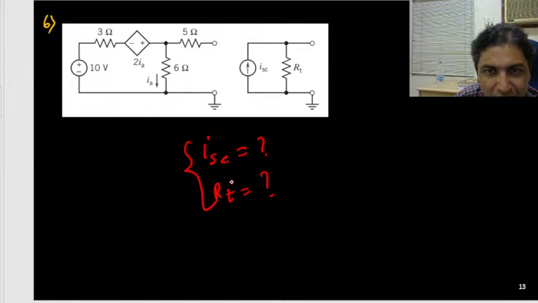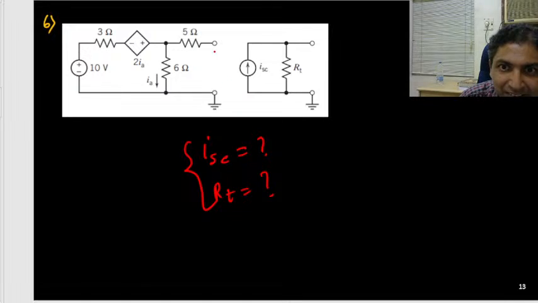So this is an equivalent circuit containing one dependent source. So be careful about the dependent source. ISC is the short circuit current. Remember, SC is for short circuit, and RT is the Thevenin resistance or Norton resistance looking from this node. So you will calculate this and let me know, and one more similar problem I am showing for you.